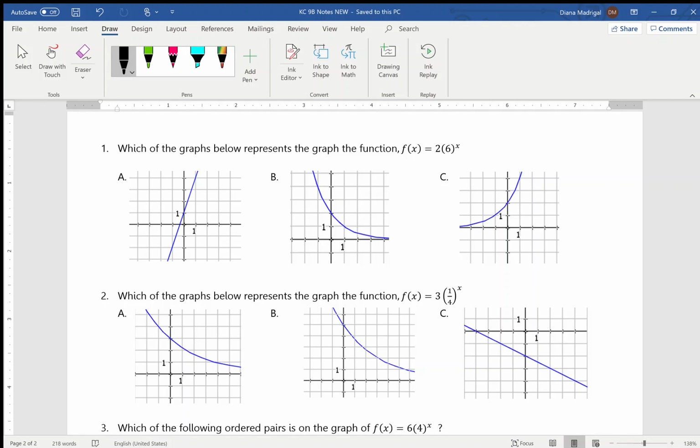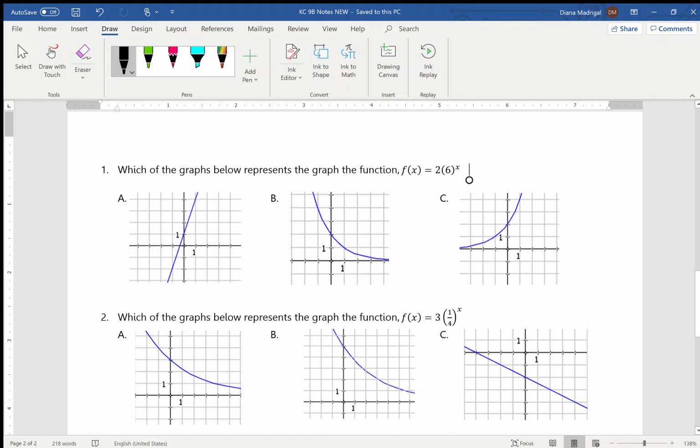So the first thing that you want to do for this question, especially questions 1 and 2, is to look at the number next to your exponent. Obviously, we know that our exponent is going to be x in this case. The number represents a lot.